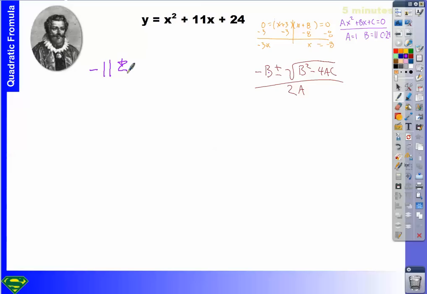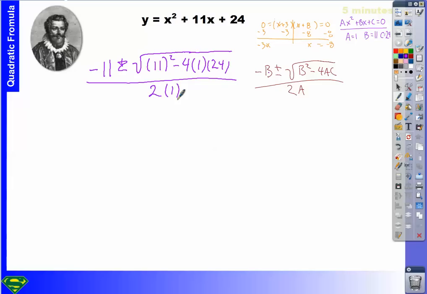Plus or minus the square root of b squared, 11 squared, minus 4 times the quantity, what's a? 1. What's c? 24. All of this is going to be over 2 times 1.